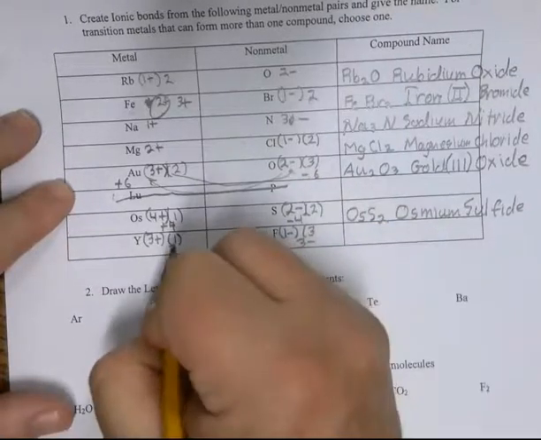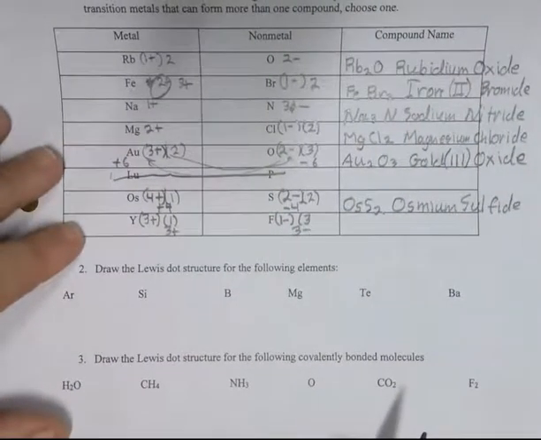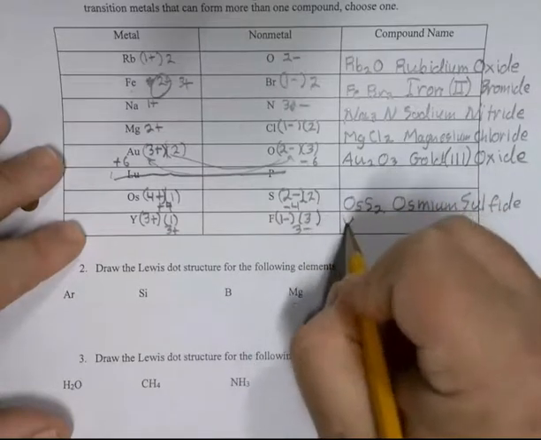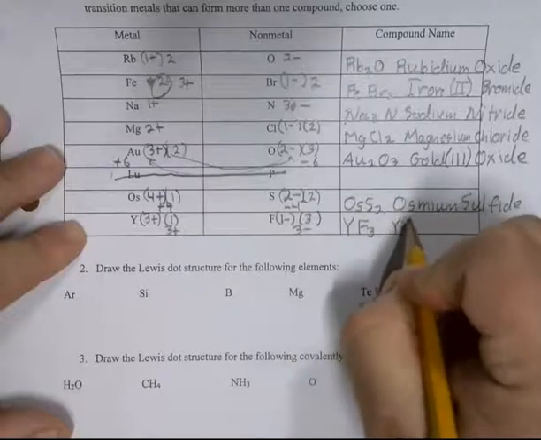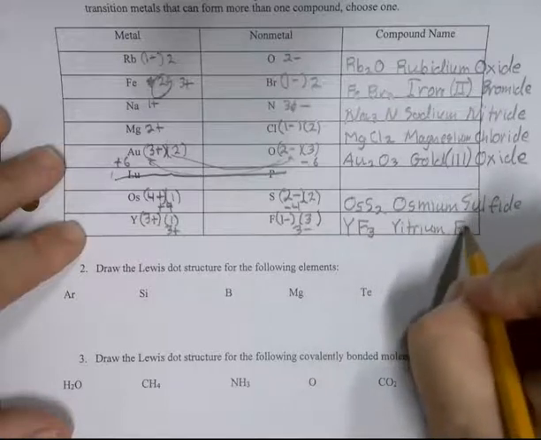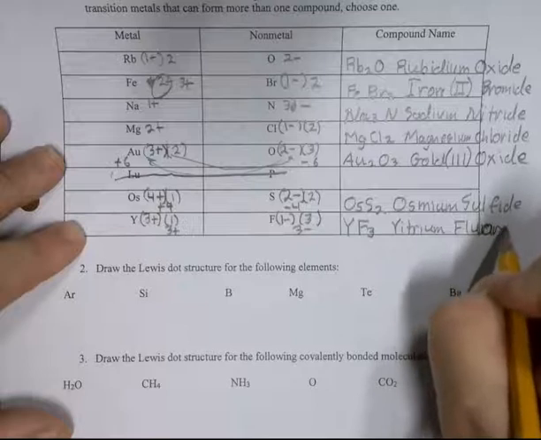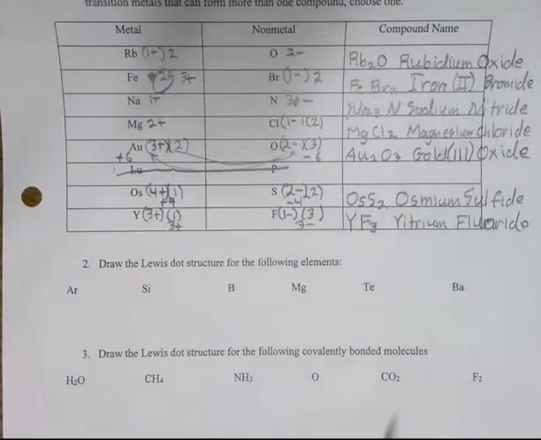That's a 3-, that's a 3+. All right, and that's going to be YF3, and it's yttrium fluoride. Okay, and that takes care of the ionic bonds and the names.